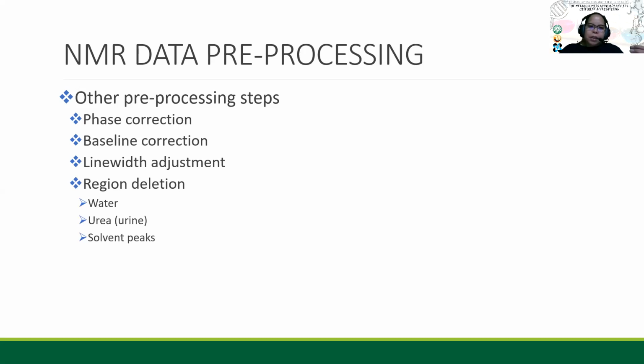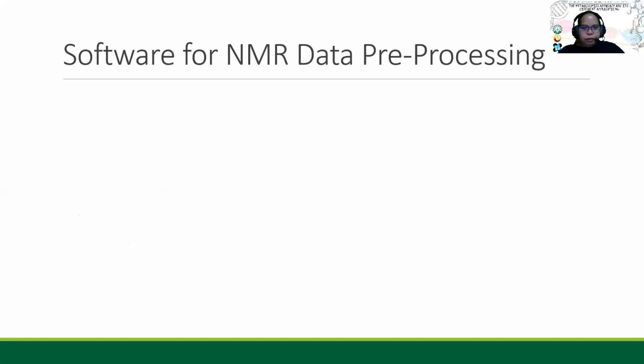So to highlight the signals, there are also some pulse sequences that can allow you to suppress some of these peaks. But if you were not able to do it, you can do region deletion before you proceed with the rest of your data analysis.